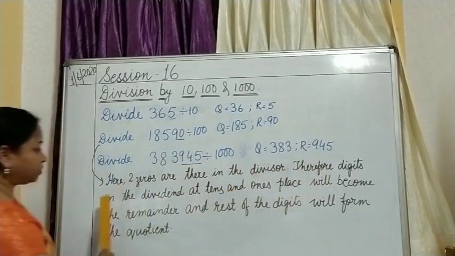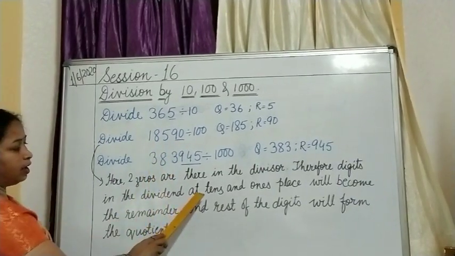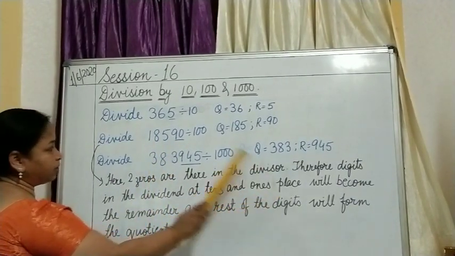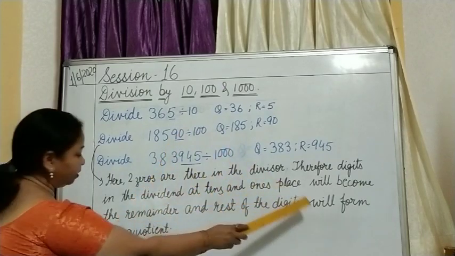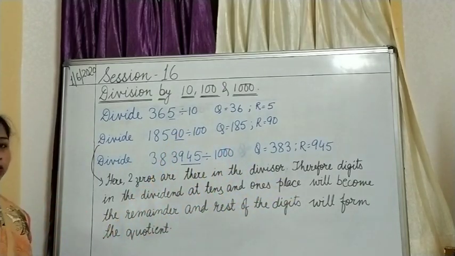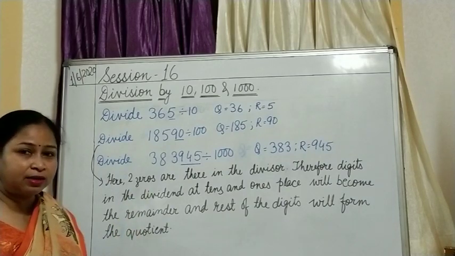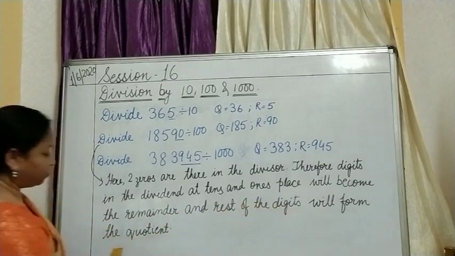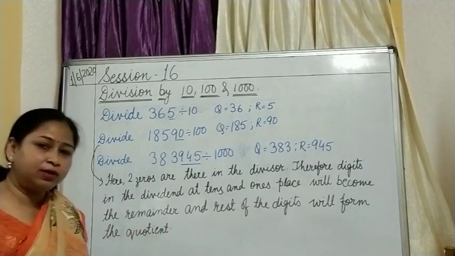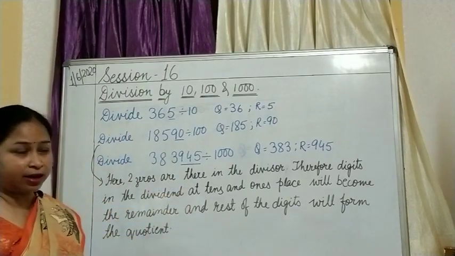Therefore, the digits in the dividend at the tens and ones place will become the remainder. Got the idea what I was doing, why I was underlining these? Okay. And the rest of the digits will form the quotient. Very simple it is.